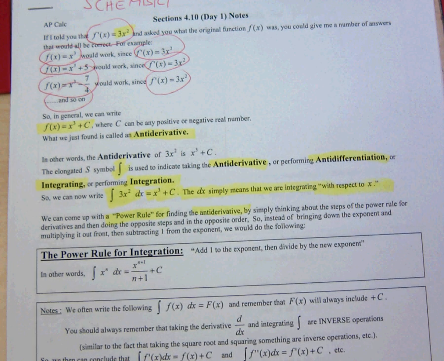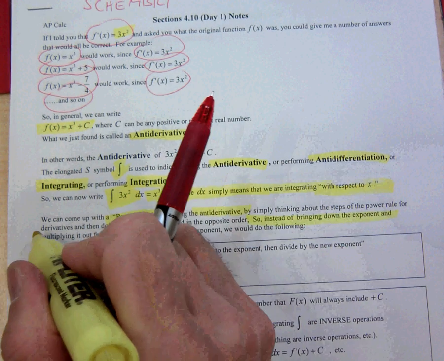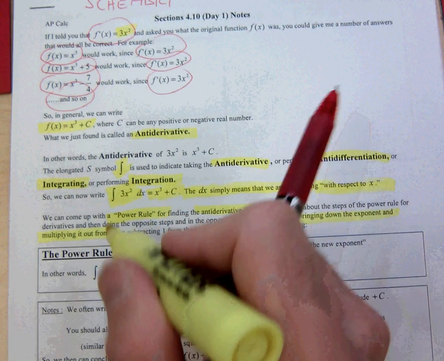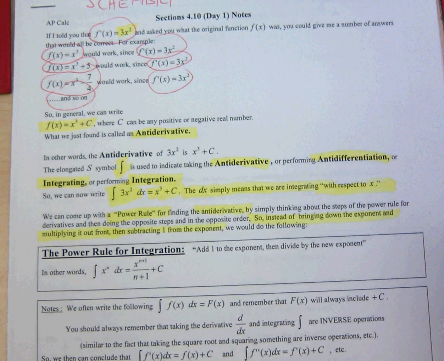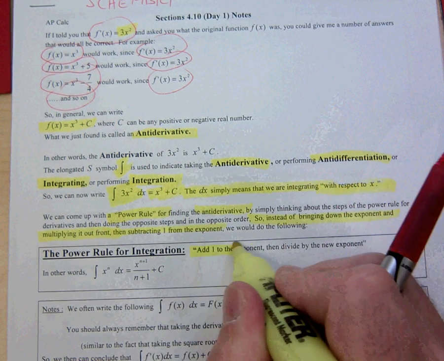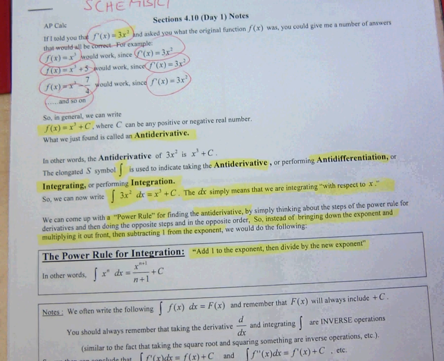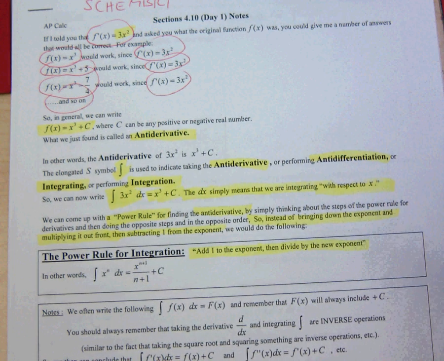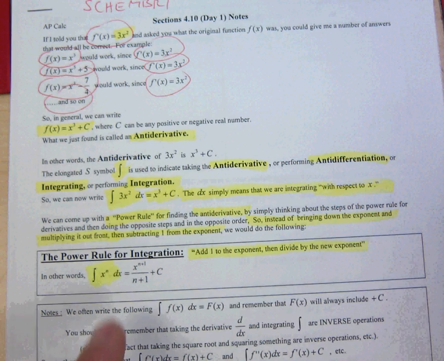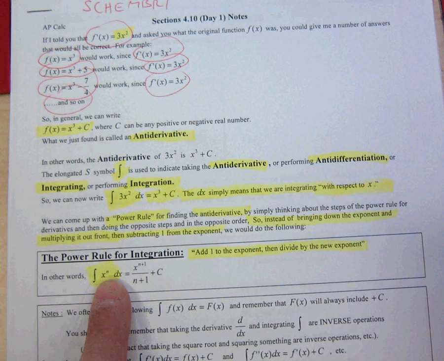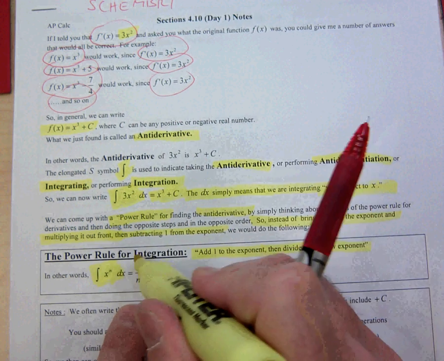Instead of bringing down the exponent and multiplying it out front, and then subtracting one from the exponent, what would be the opposite of all that? You would add one to the exponent, and then divide by the new exponent, and that'll do it. That's how you integrate something in the form x to a power n. To get the antiderivative, you simply add one to the exponent and then divide by your new exponent.